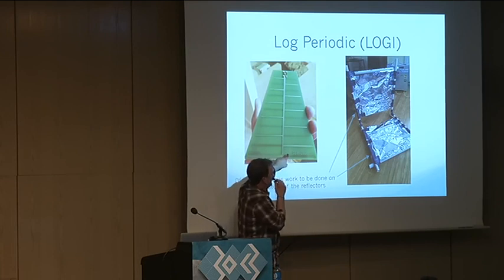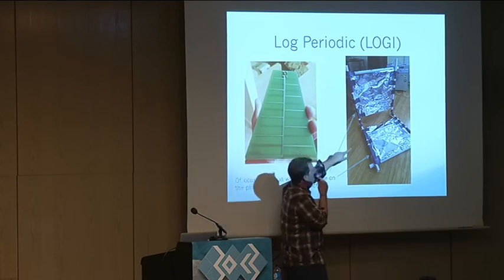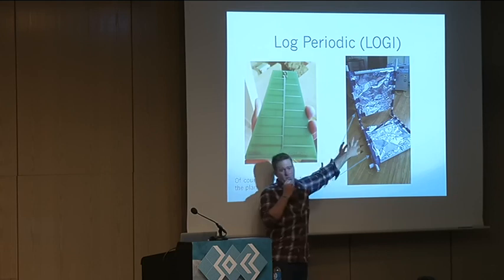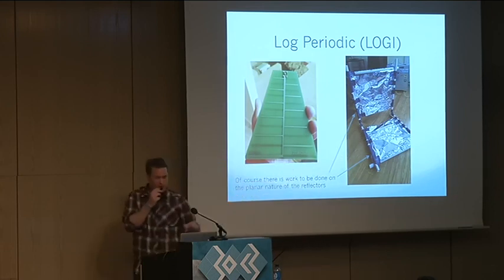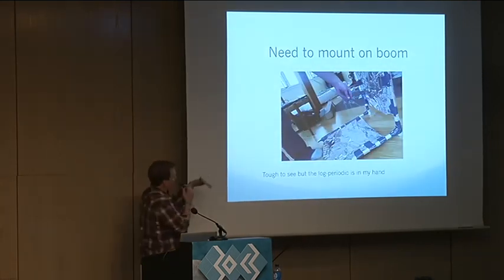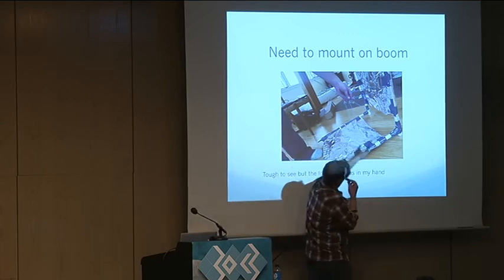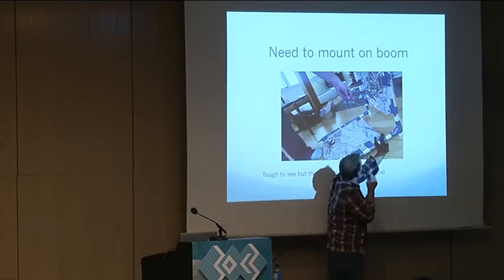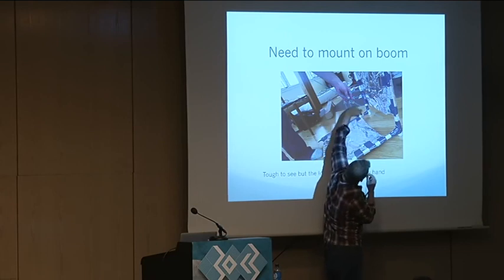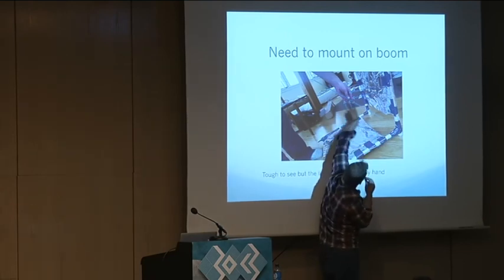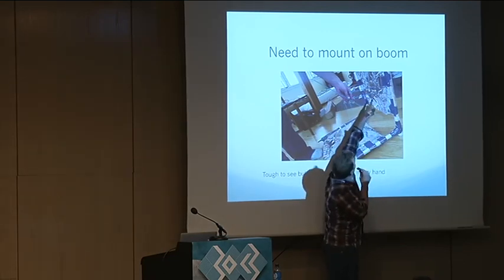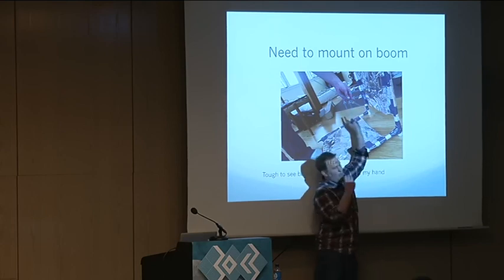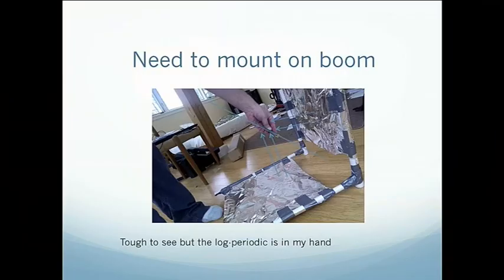But the idea to maximize its use is to build a corner reflector. This is a totally hacked up version, and there's a lot more work to be done. But basically you have a 90 degree angle here, you point it into there, and you have a boom that comes out. The idea is that signals get reflected from both sides and hit it, and increase the actual gain on that antenna.